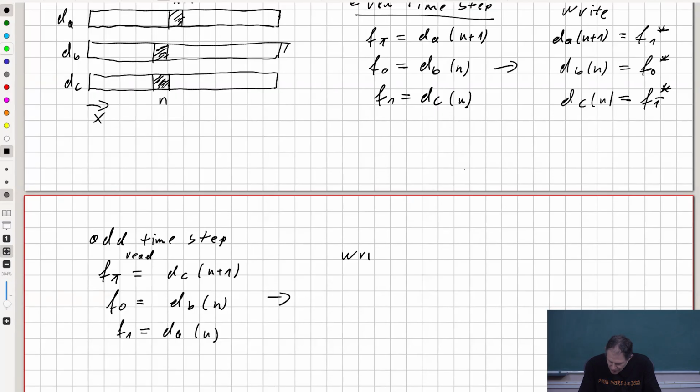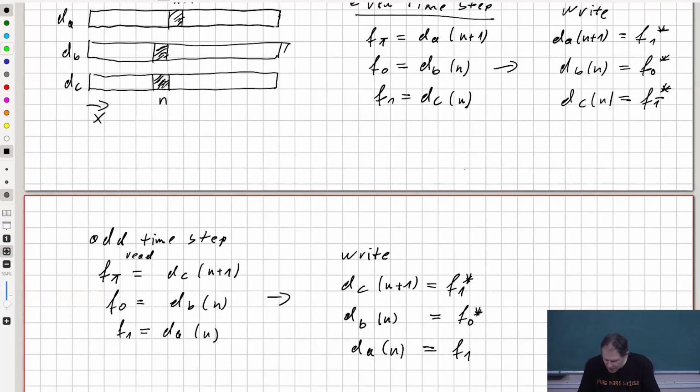Then we do the write afterwards. Now we write to dC N plus 1, we write f1 after collision, dB N, we write f0 after collision, and to dA N we write f minus 1 after collision, and by this we are back to the original state.